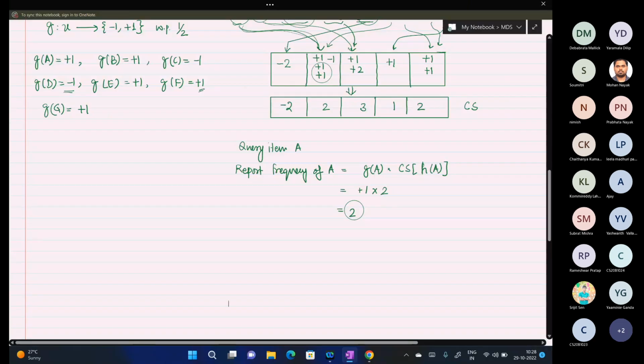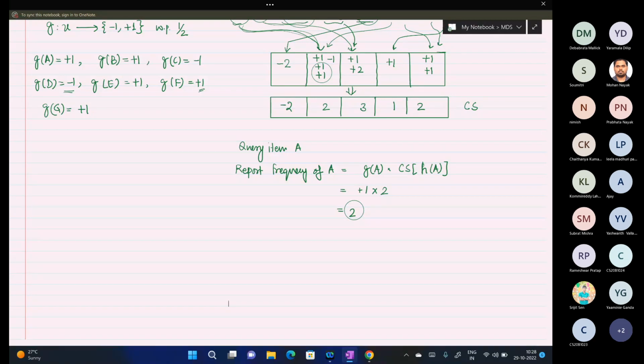One question. Sure. In order to decide this G of A is +1 and G of C is -1, is it purely random? How have we decided this hash function, whether it will be +1 or -1? It can be random, right?